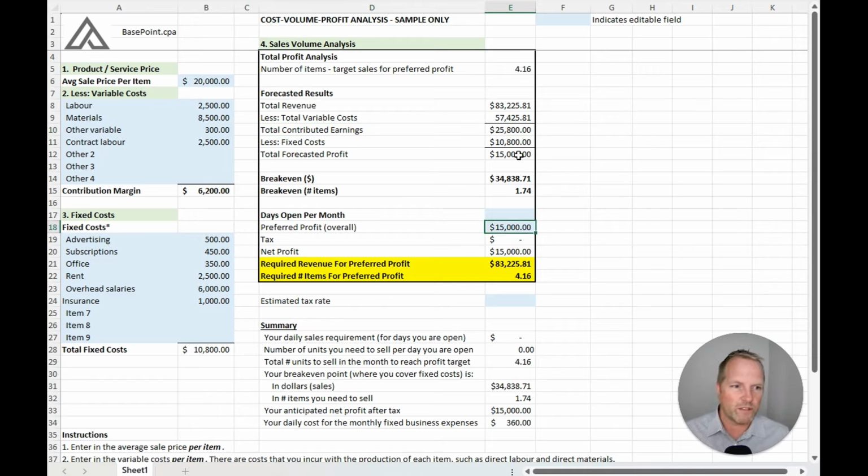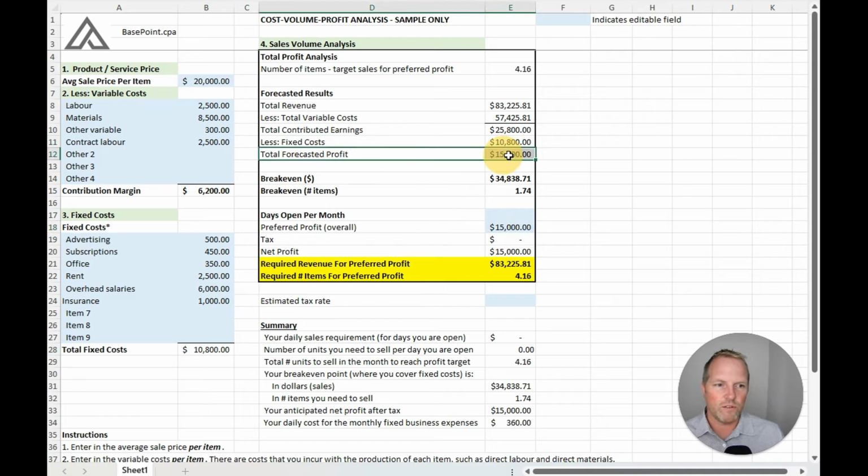So that's going to be $25,800, which is a combination of your total fixed cost, plus your profit. Then you subtract your fixed costs, that leaves you with your profit. And so that's how you can plug in and see what sales volumes you might need to strive for in order to meet profitability targets in your business.